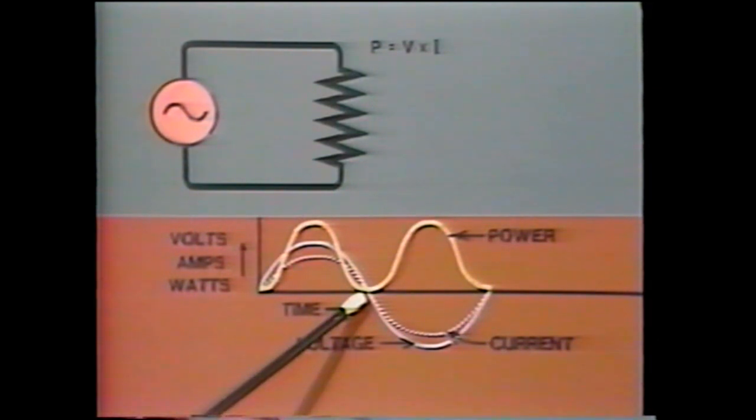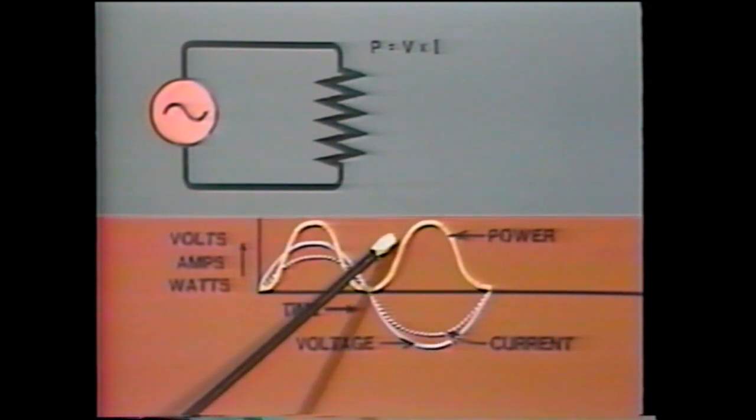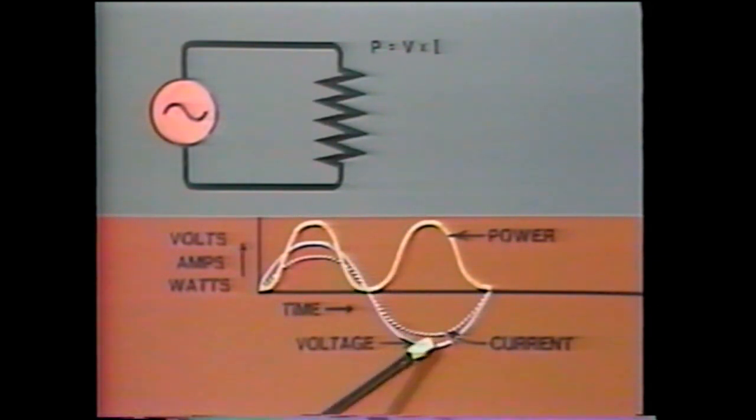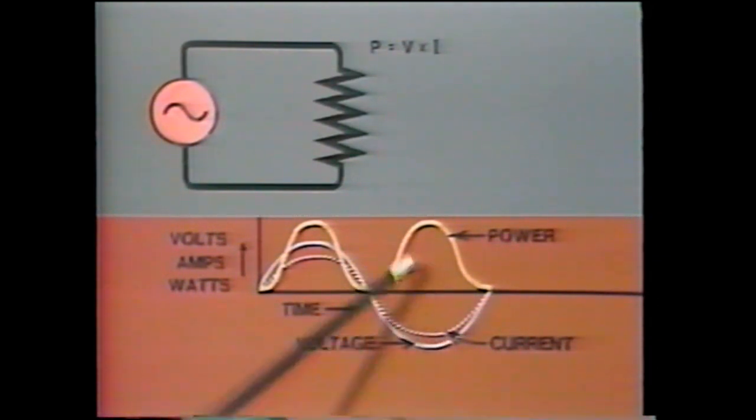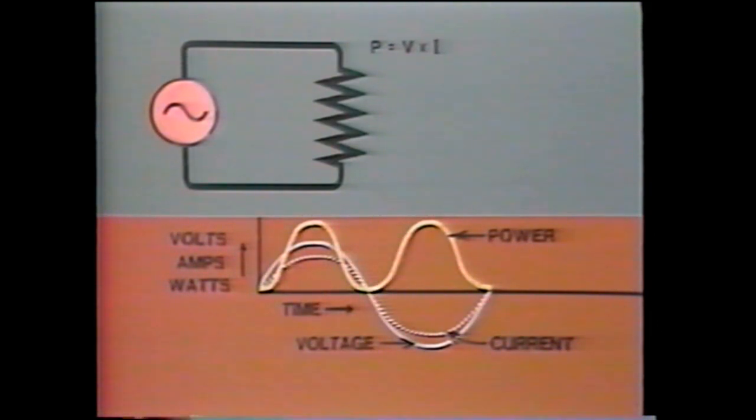But what happens here, in the negative half cycle of voltage and current? As you know, when two negative numbers are multiplied together, the result is a positive number. Therefore, even though the voltage and current are both negative, their product is positive power in watts. So, at this point, maximum negative voltage and current gives maximum positive power.